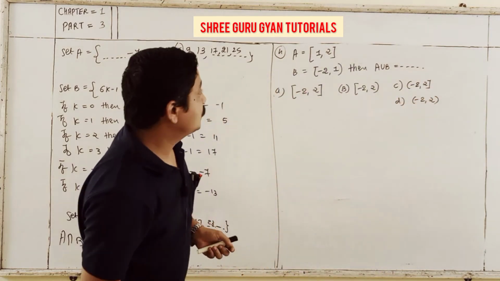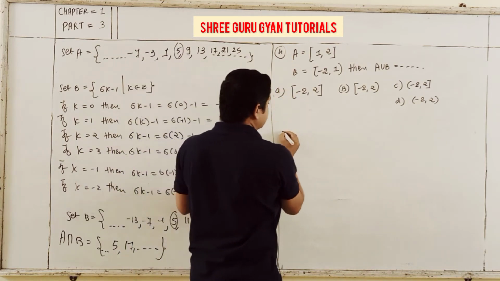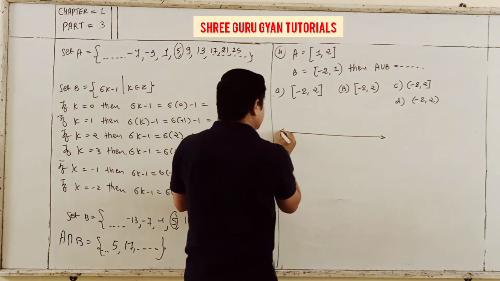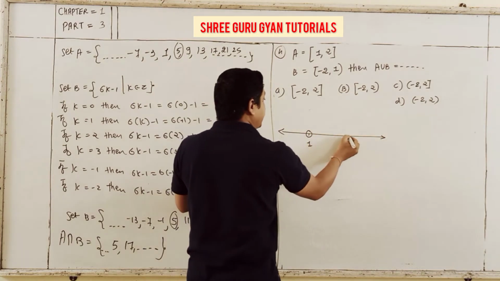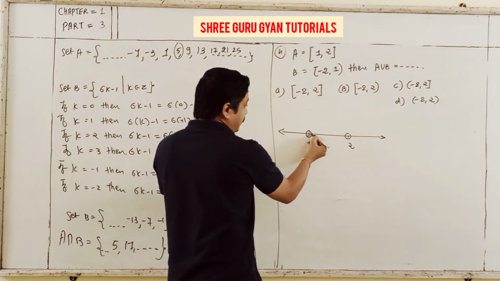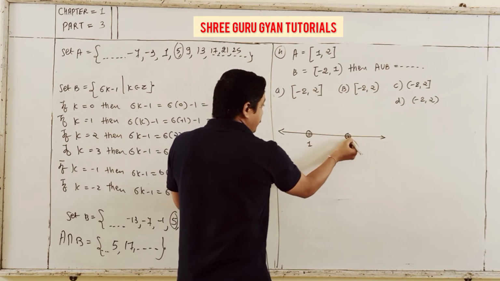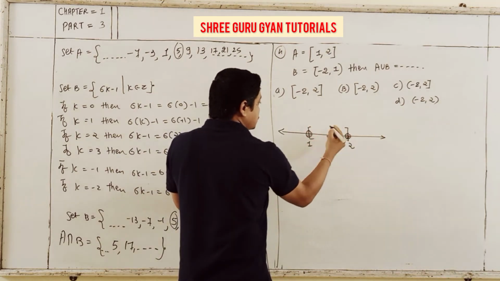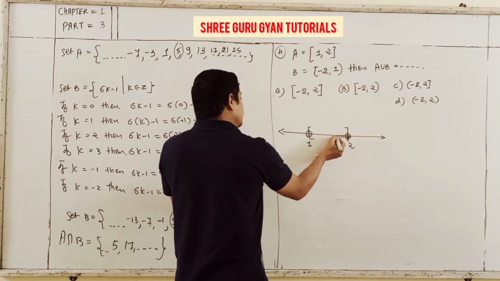Very easy. First of all, you draw the figure for the set A. This is your set A. A number is included, B number is included, and the numbers between A and B, these are intervals, all shaded portions.